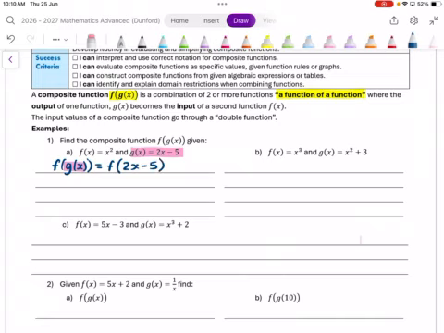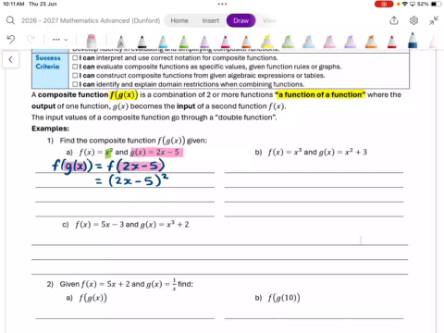Now, when we have something inside those brackets, that's what we're substituting into our f function. Where we have an x in our f of x function, we replace that x from our x squared with our 2x minus 5. So that means we're going to have (2x minus 5) all squared.